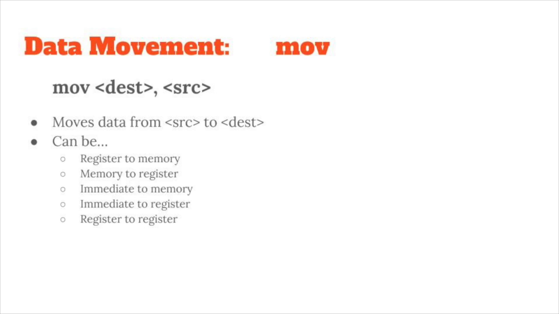You say mov RAX and then some address in memory, so you load something from memory into your register so you can use it in your program. I'm not going to go into too many details about that because it's a lot. In your introductory work, you won't really need all of those features, just registers.